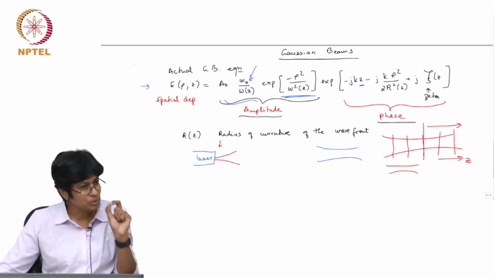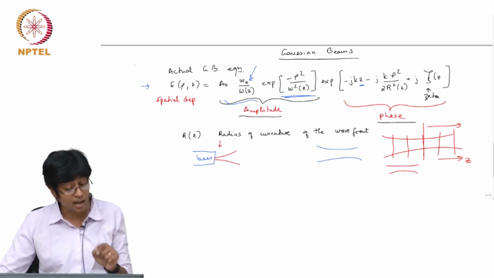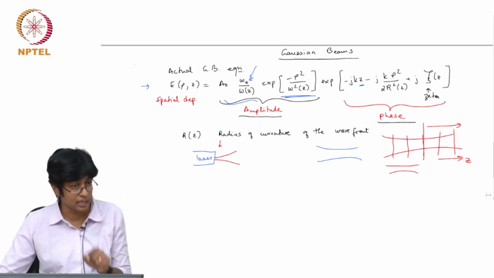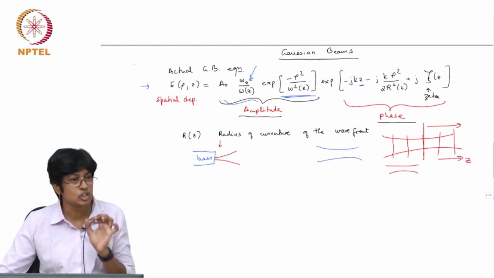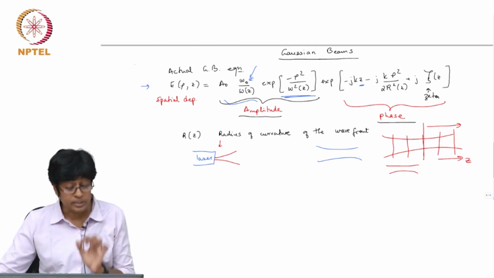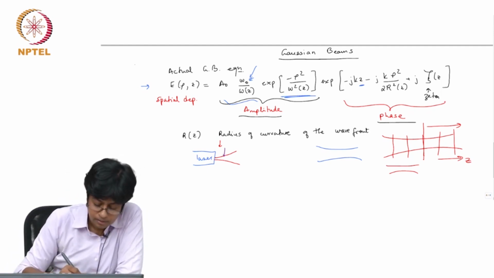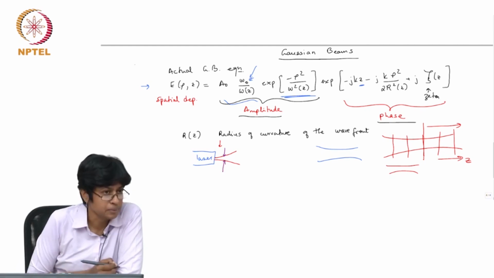Okay, now I have been using the word radius, so you have to be very, very careful, because the R of Z that I've written down here, capital R of Z, this is the radius of curvature of the wavefront, which is different from the diameter of the beam.